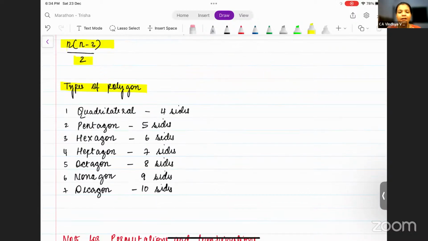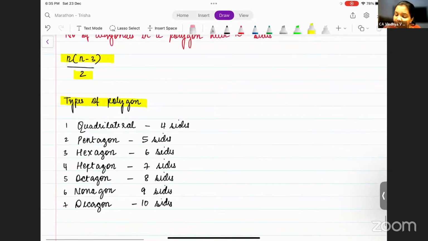What are types of quadrilateral? Square, a rhombus, rectangle, parallelogram, all these are quadrilaterals. Next one is pentagon, 5 sides, hexagon 6 sides, heptagon 7, octagon 8, nonagon 9, and decagon 10. So how do we find out? We simply have to take the value of n. Let's say, how many sides are there in a decagon? 10 sides are there.